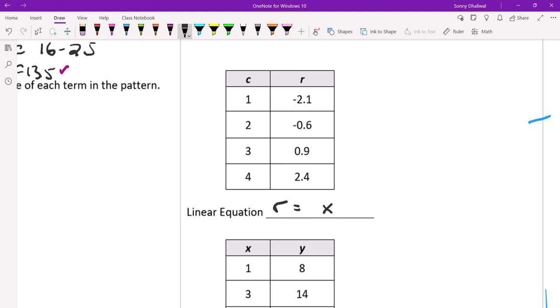Need a number in front of the C, not x. Plus or minus another number. The coefficient tells us the pattern. What do you notice about the pattern? What is it going up by? Or what is it going down by?